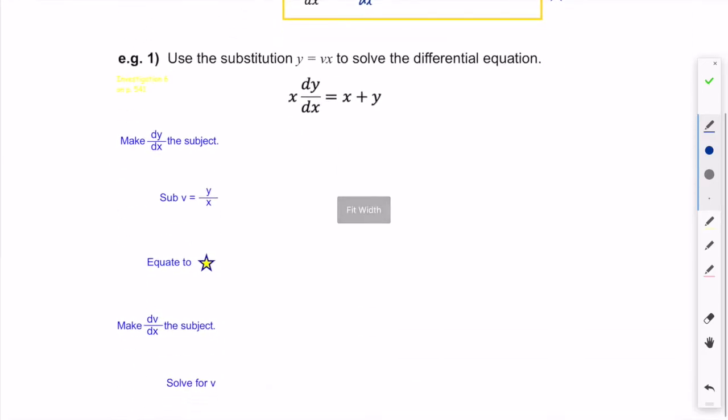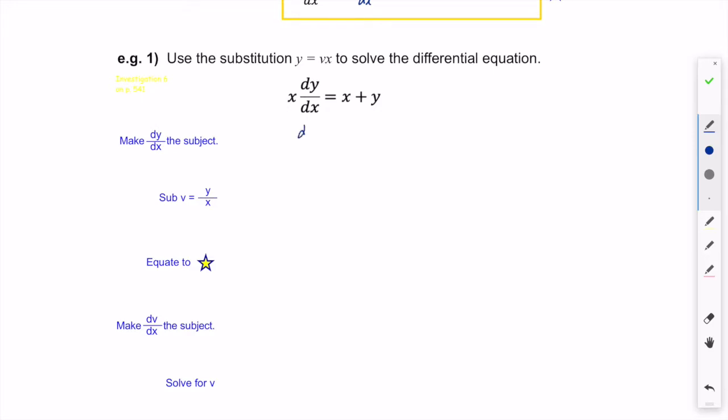We're going to use the substitution y equals vx to solve this differential equation x times dy by dx equals x plus y. The hints on the left will take you on a step-by-step approach to complete this question. So the very first thing we do is try to make dy by dx the subject of this equation.